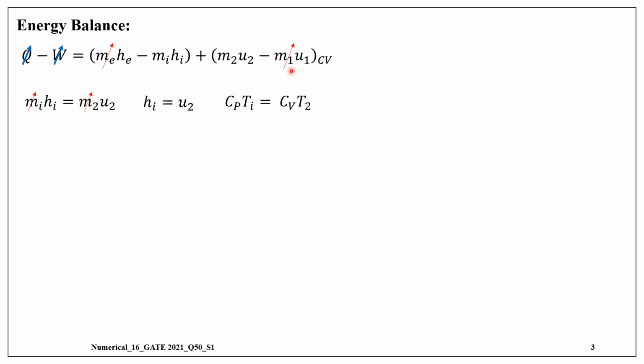Cp, Cv, Ti are given. The only unknown here is T2. Of course, our aim is to find T2. Substitute the values. We get T2 equal to 559.9 Kelvin.